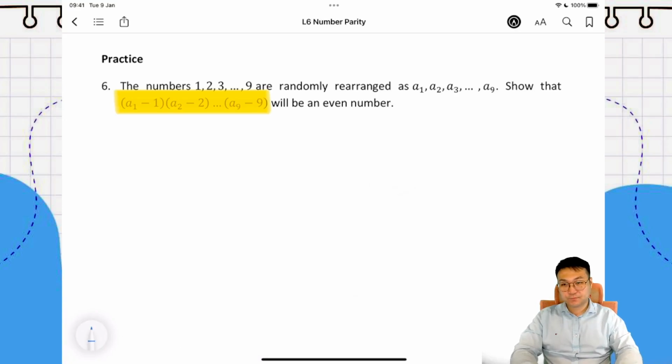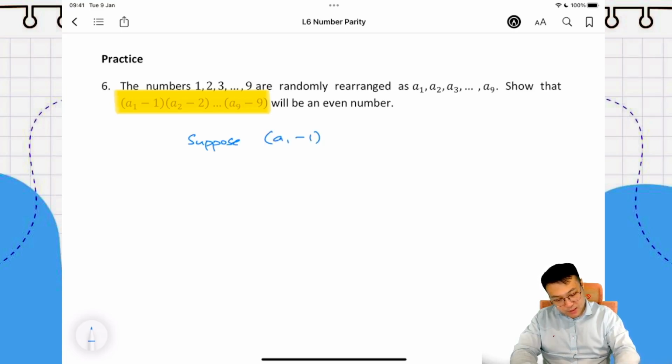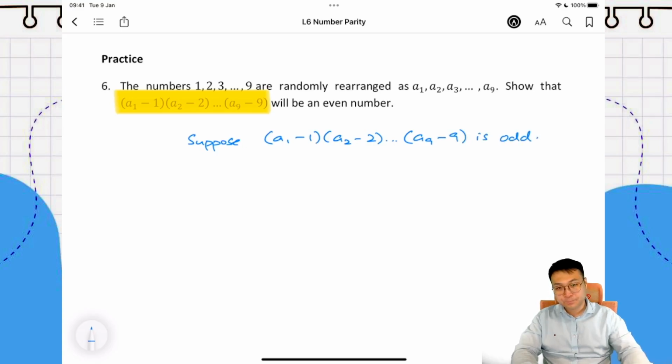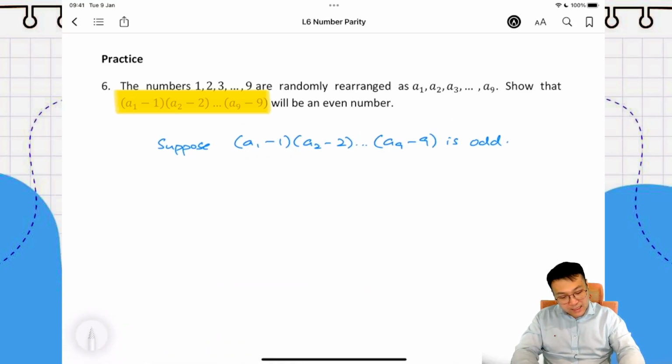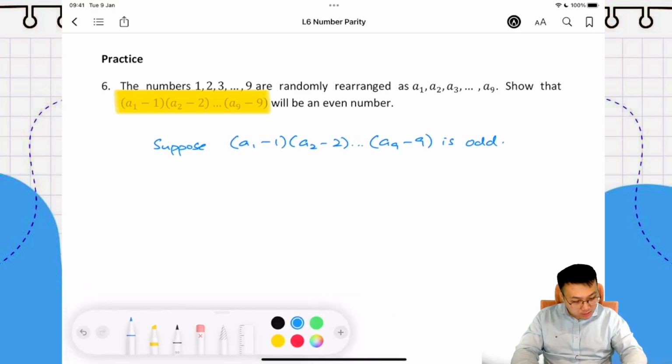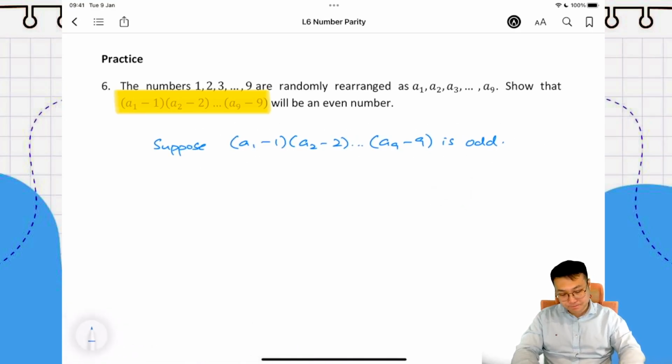Now, firstly, let's pretend, let's suppose that whatever the question gives you, all the way until 9, the outcome is odd. So if you multiply 9 numbers together, and if you would like the outcome to be odd, guess what? Then all the terms must be odd.